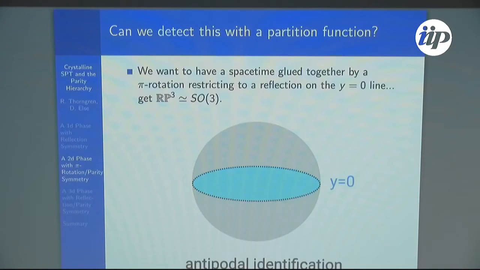Okay, so if I want to do the thing I did before, where I detected the charge at the reflection center by looking at the partition function on a Mobius band and eventually on RP2, I do the same thing here. So I want to glue the non-zero y directions by a parity transformation, and I want to glue the y = 0 directions like I did with the Mobius strip.